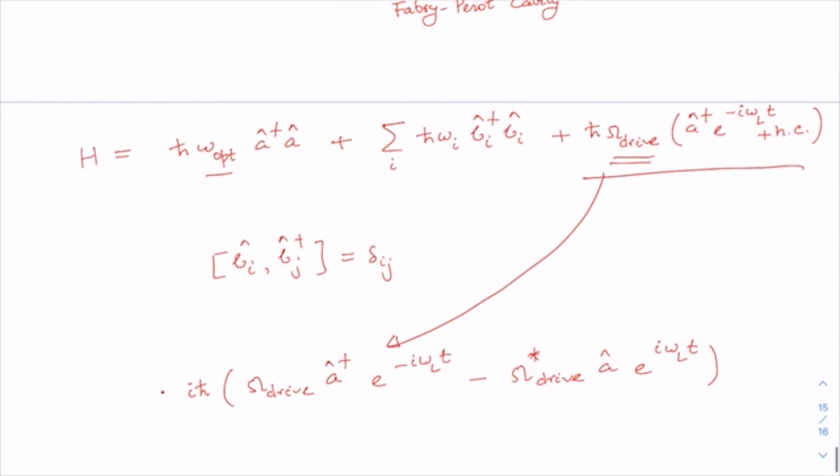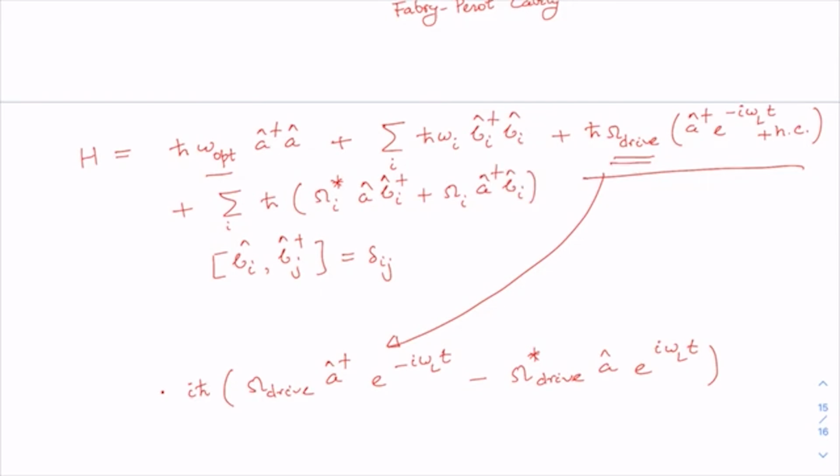We'll come to that. And there will be another term that would be a summation over all the Bath oscillators, h cross omega I star A b_i dagger plus omega I A dagger b_i.